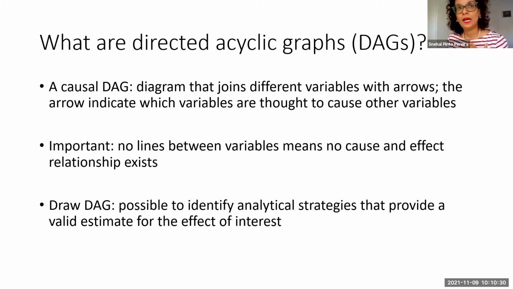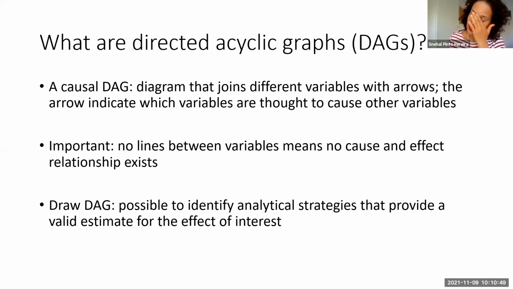And in your DAG, what's more important than the arrows between variables is where there is no arrow. Because when you don't have an arrow between variables, that means you're absolutely sure that there's no cause and effect relationship between these two variables.